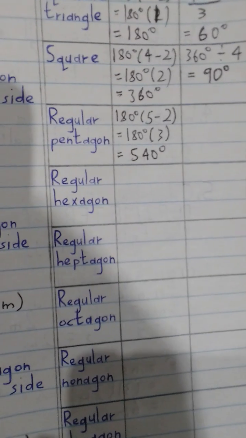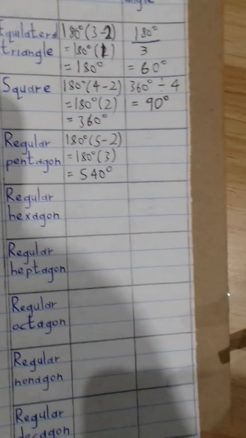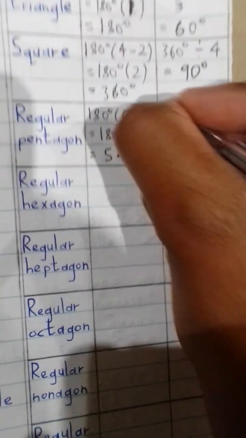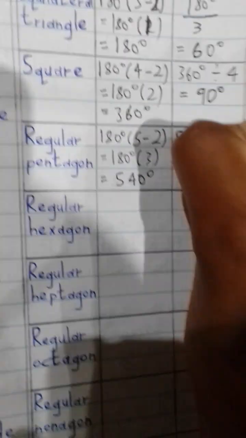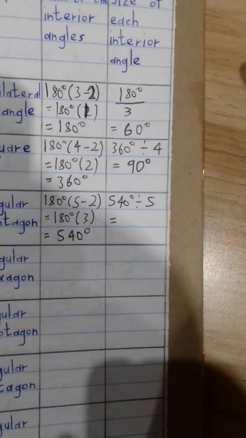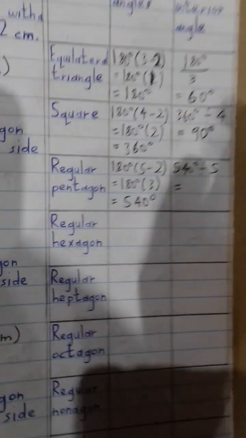Now the size of each interior angle is 540 degrees divided by 5, so 108 degrees.